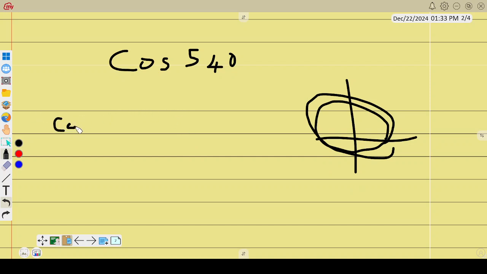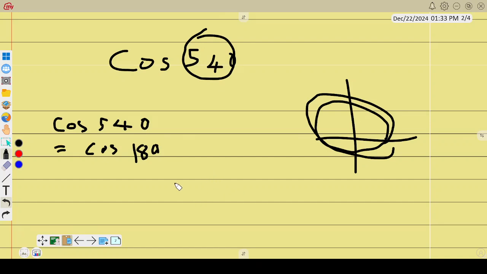But in actual solving, you say cos 540 will be equal to cos, now 540 minus 360, you are going to get 180. So you work with 180 because this one is less than 360. So for big angles like this, you subtract by 360.